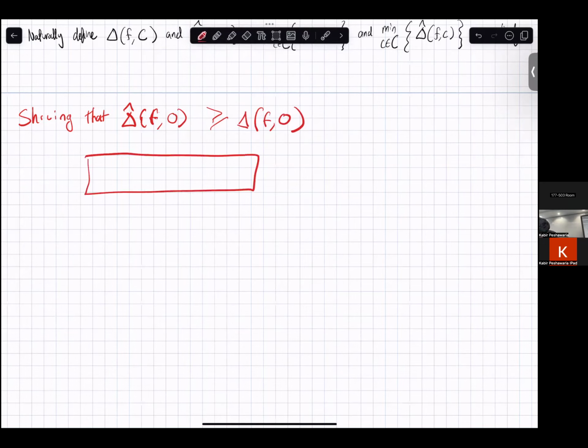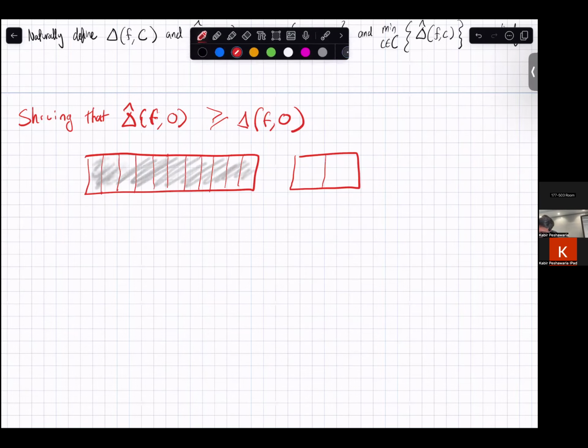Let's look at an example where it might not be true. Suppose I had these two blocks, and now let's suppose that everywhere I shade is an error. Now, what is the blockwise relative distance?